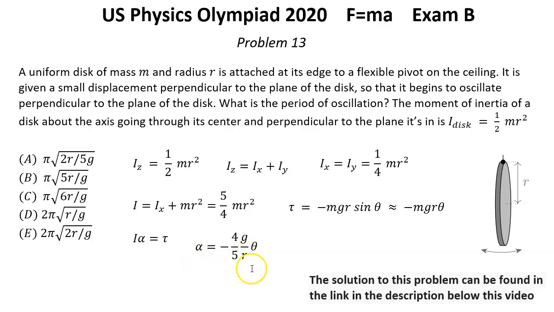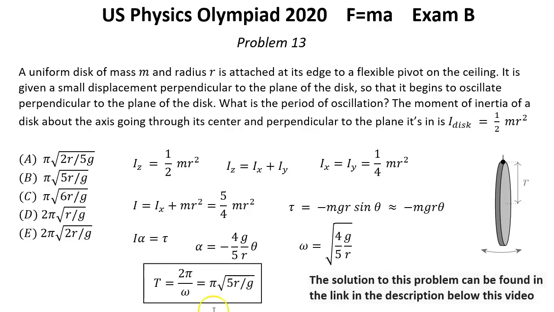It means that this equation describes small oscillations where this coefficient is omega squared. We have angular frequency equal this expression, and finally the period equal to 2π multiplied by square root of 5r over g, which is answer B, and that was the solution for problem number 13.